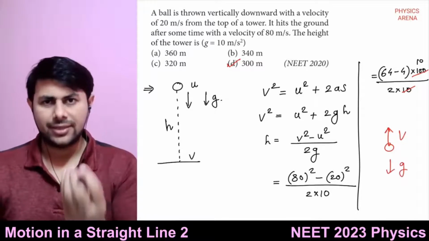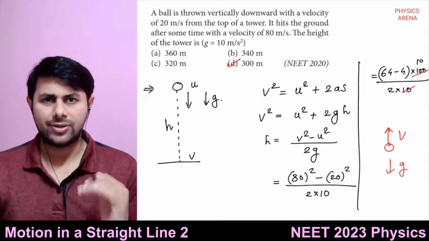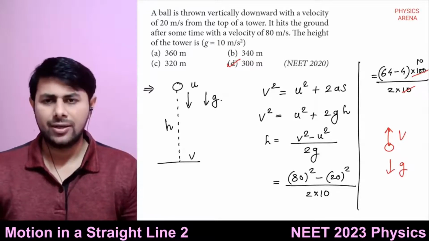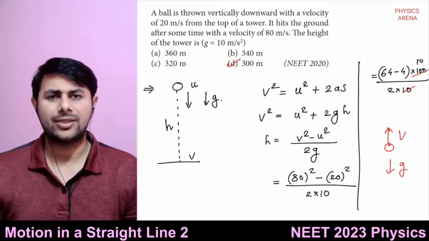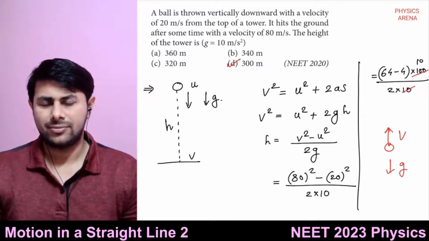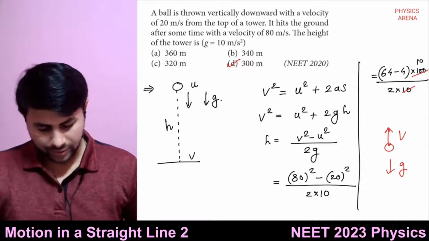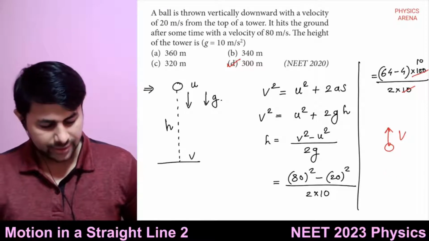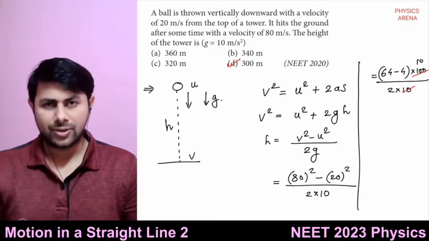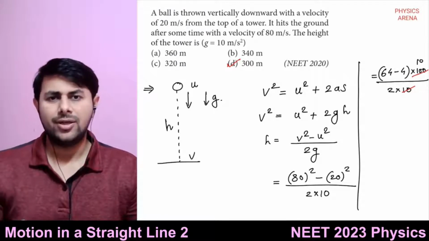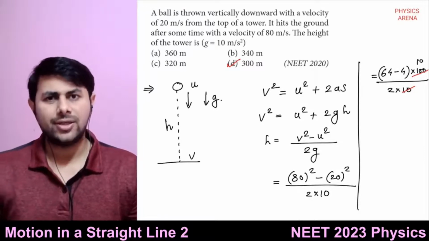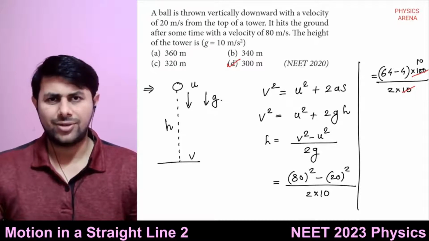The earth is attracting that ball, so acceleration is downwards, velocity is upwards. If you take velocity positive, acceleration would be negative. So if acceleration is in the same direction as velocity, you take it as positive. If it is in the opposite direction of velocity, you take it as negative. Simple convention.